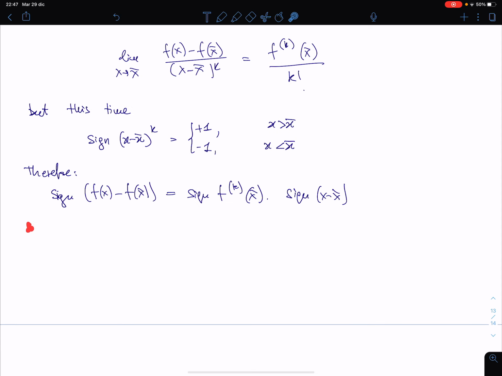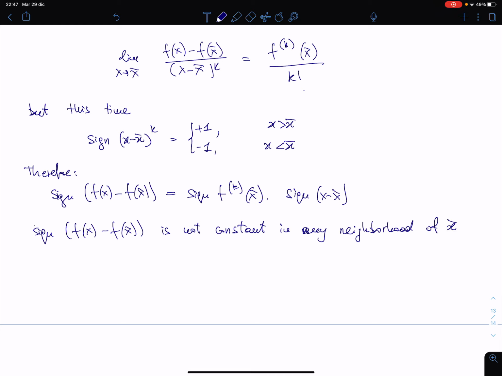Therefore, the sign of f(x) minus f(x bar) is not constant in any neighborhood of x bar. It changes when crossing x bar.